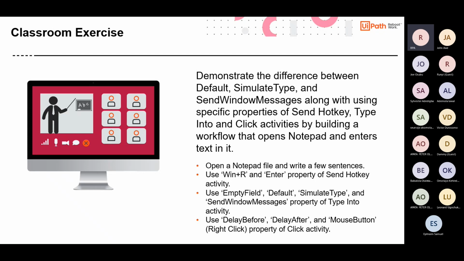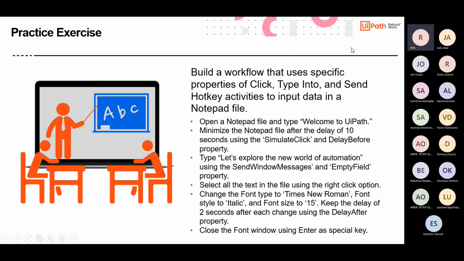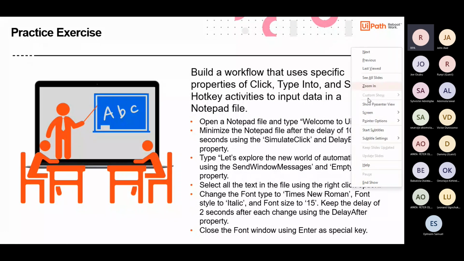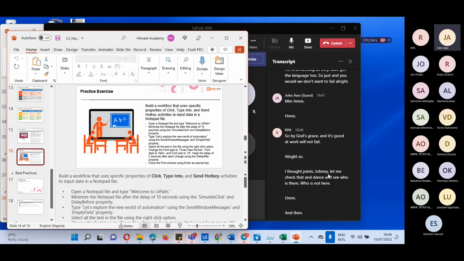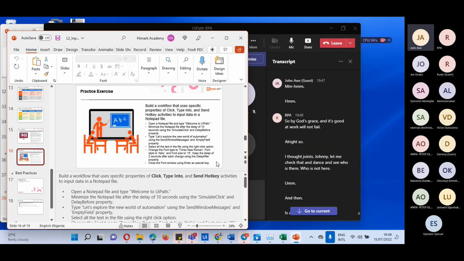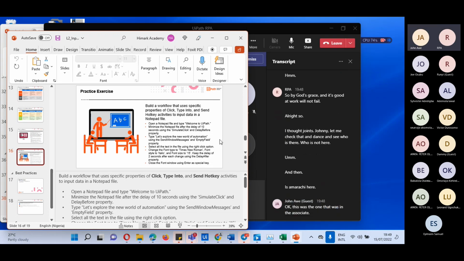All right. So John, it's John here. Let me check the attendance and see who is here and who is not here. Is Amarachi here? Okay, this was the one that was in the associate. This practice.